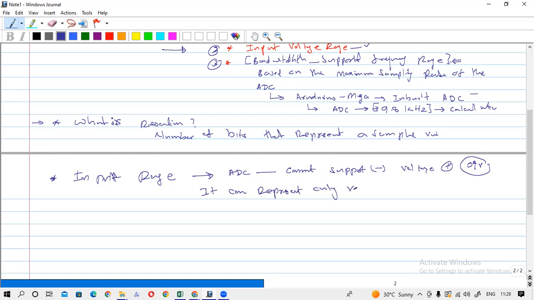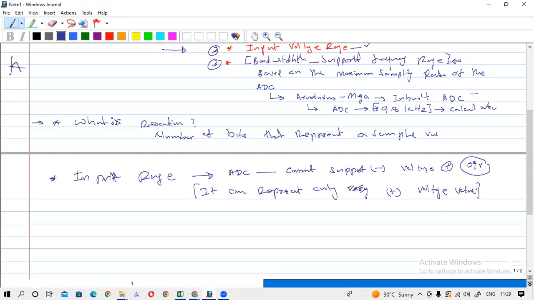This is also a very important point: only plus voltage values. So if you want to give a signal with a minus value and send it to the ADC, the ADC will give only the plus value, and this part will be cut off.